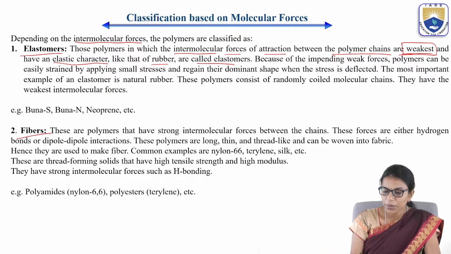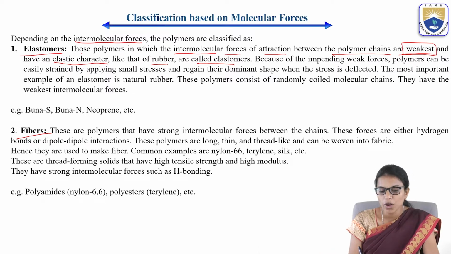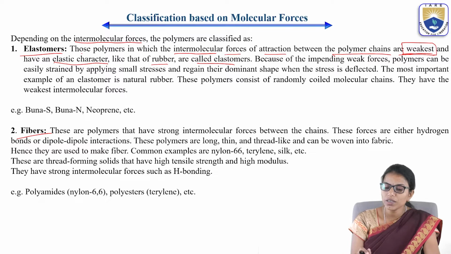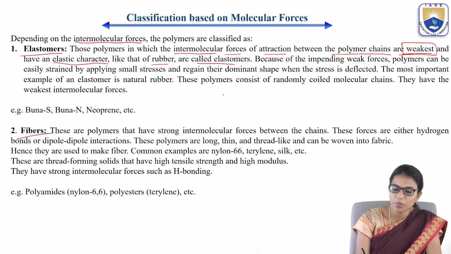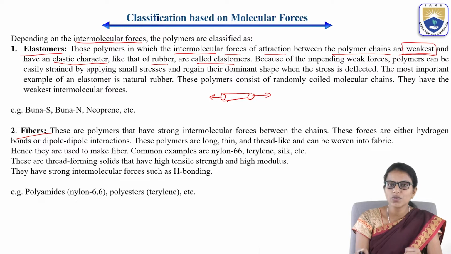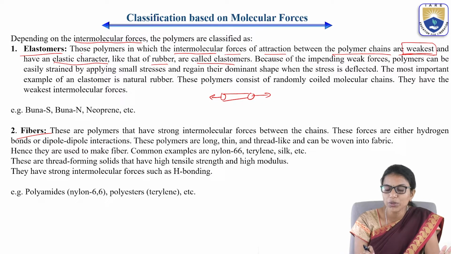Because of the weak forces, polymers can be easily strained by applying small stress and regain their original shape when the stress is removed. For example, this is a rubber. We are pulling from here and here with forces, but it should be within limit only.